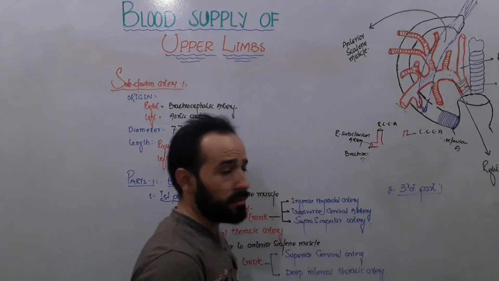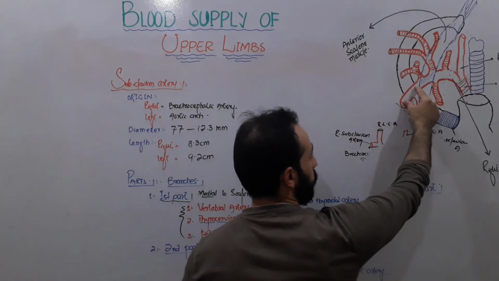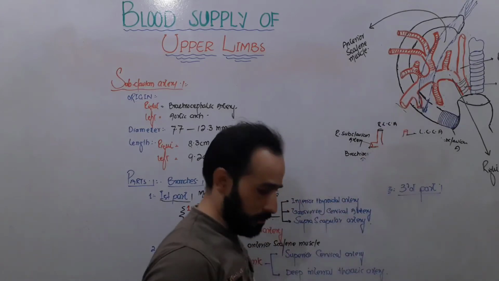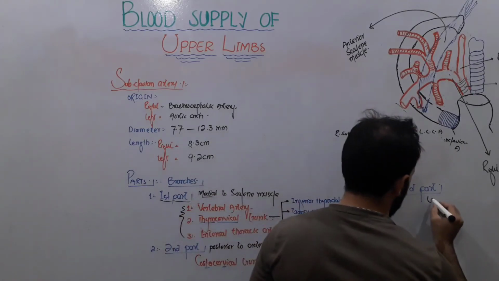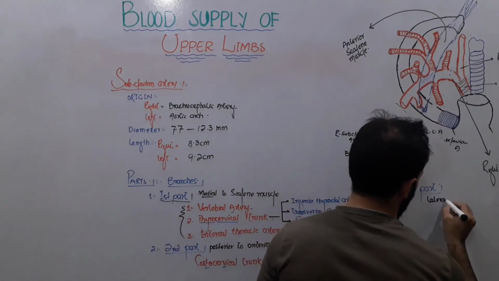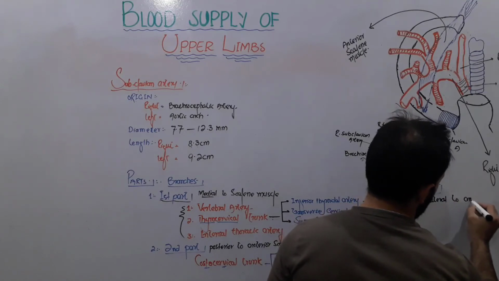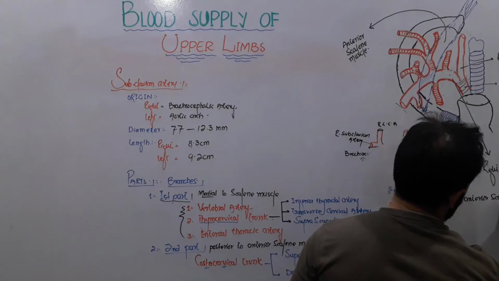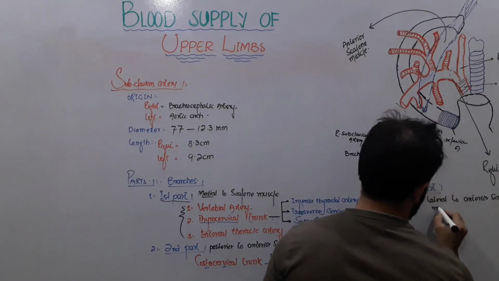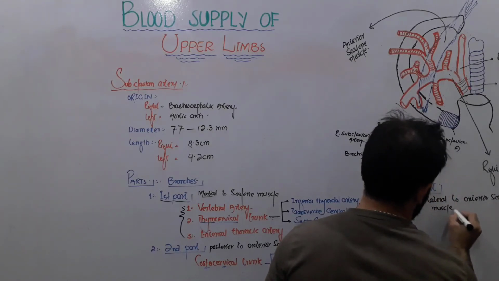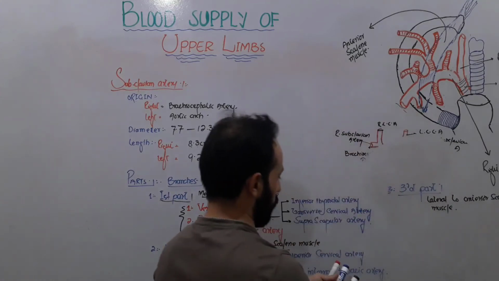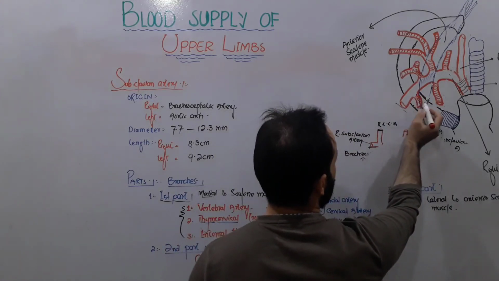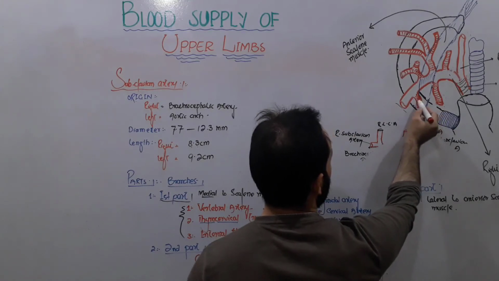The third part of this artery, as you can see here, lies lateral to the anterior scalene muscle, right? And it gives off a branch, and this branch is called the dorsal scapular artery, right?